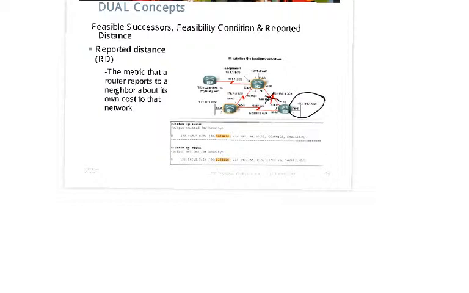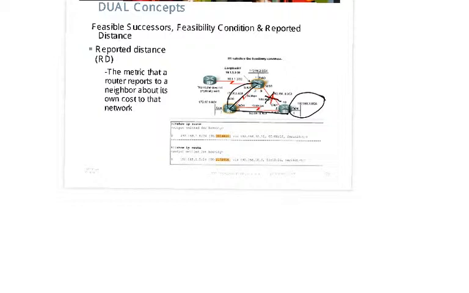In which case, we will grab the route to R1 as another loop-free backup route to the same destination. So this route will be the new route, and this will happen in no time, right? Because we have proactively calculated all the loop-free backup routes before this event happens.